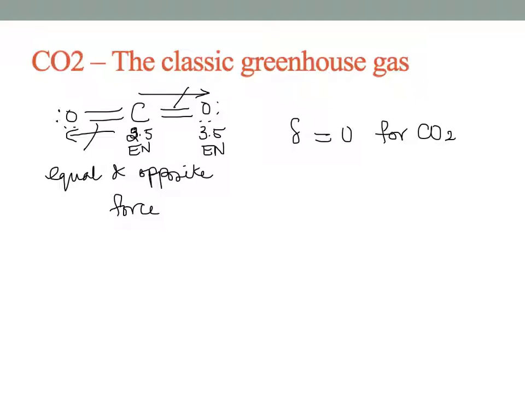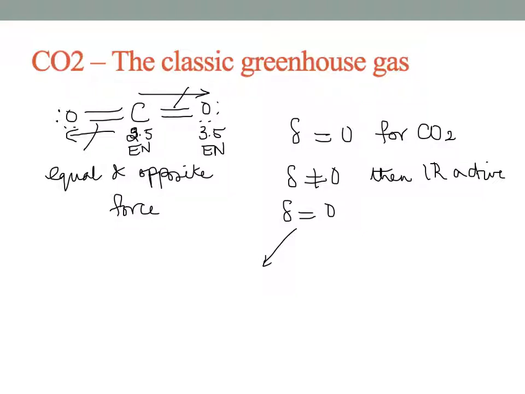So remember I told you if the dipole moment is not zero, then it is IR active. What happens if the dipole moment is zero? If the dipole moment is zero, we need to go one step further.